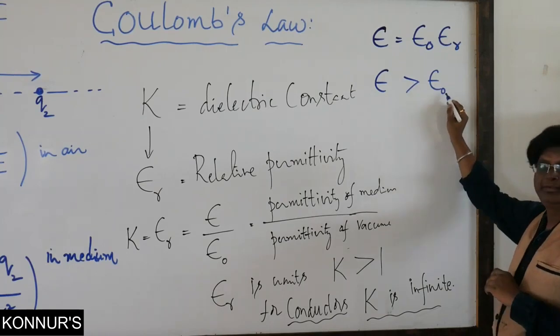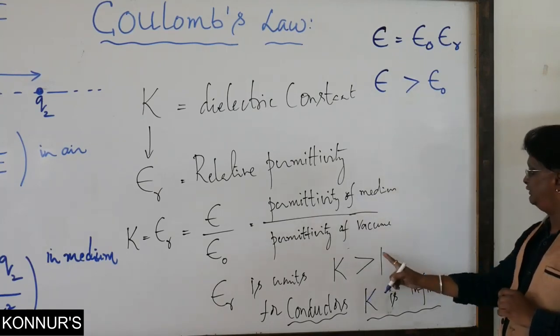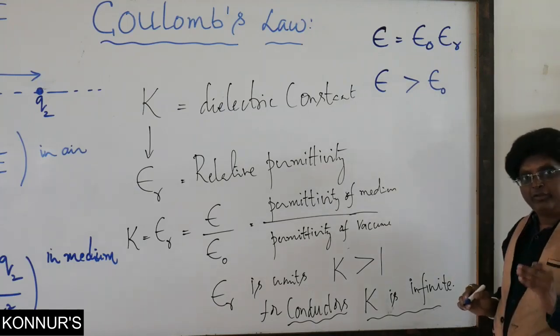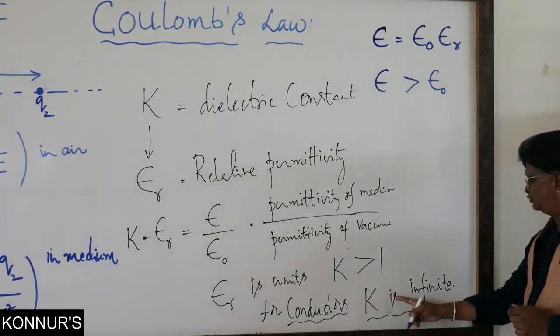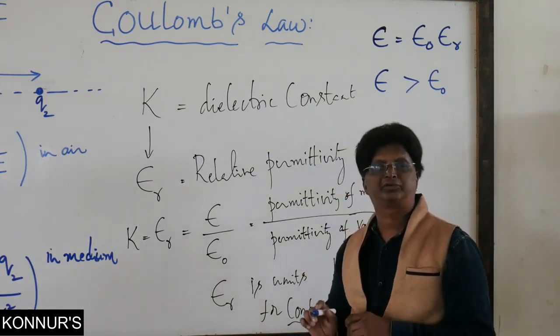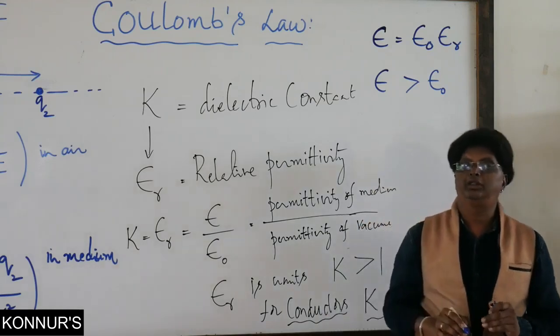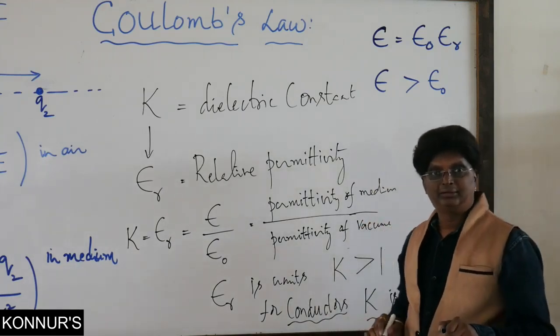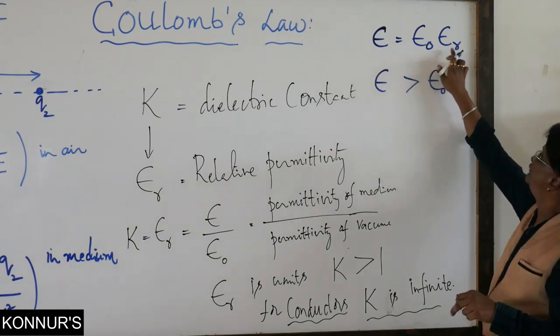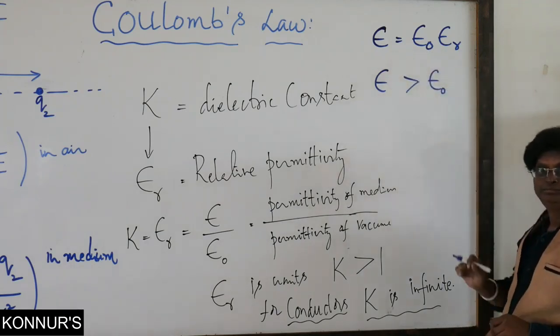Epsilon is greater than epsilon naught, because K is always greater than 1, the epsilon r value is greater than 1. Now I have said that the K value is infinite for conductors. Supposing a 1 mark question asked you in the board examination, what is the value of dielectric constant for air? For air, epsilon becomes epsilon naught, for epsilon r is equal to 1.